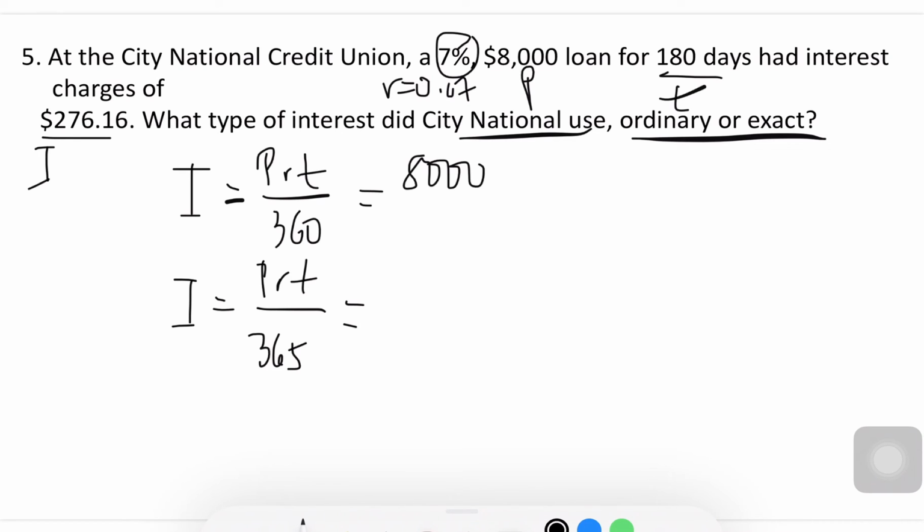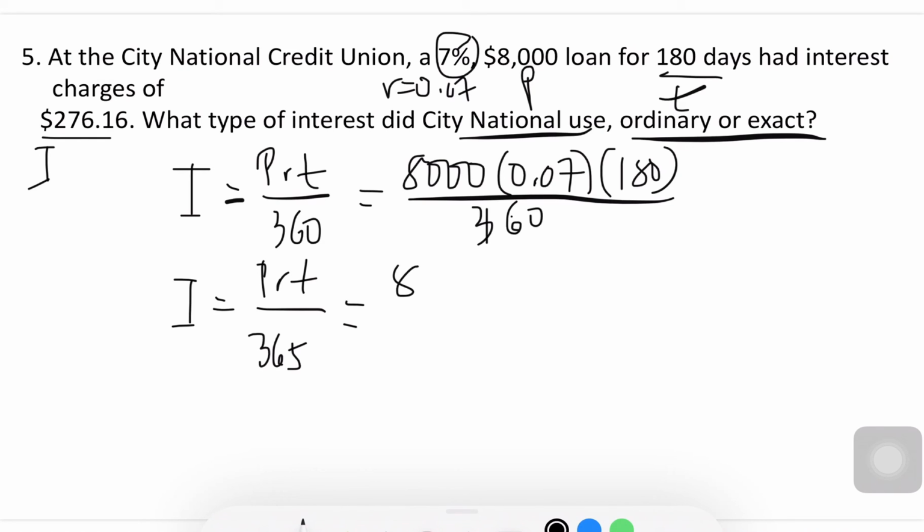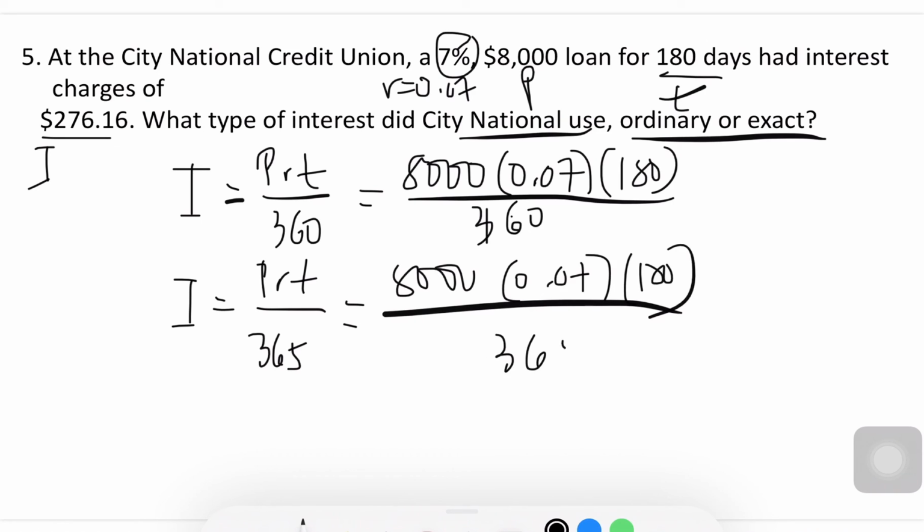So 8,000 times the rate 0.07 times 180 over 360. The other one is 8,000, 0.07, 180 divided by 365. This is ordinary. This is exact. Then use your calculator.